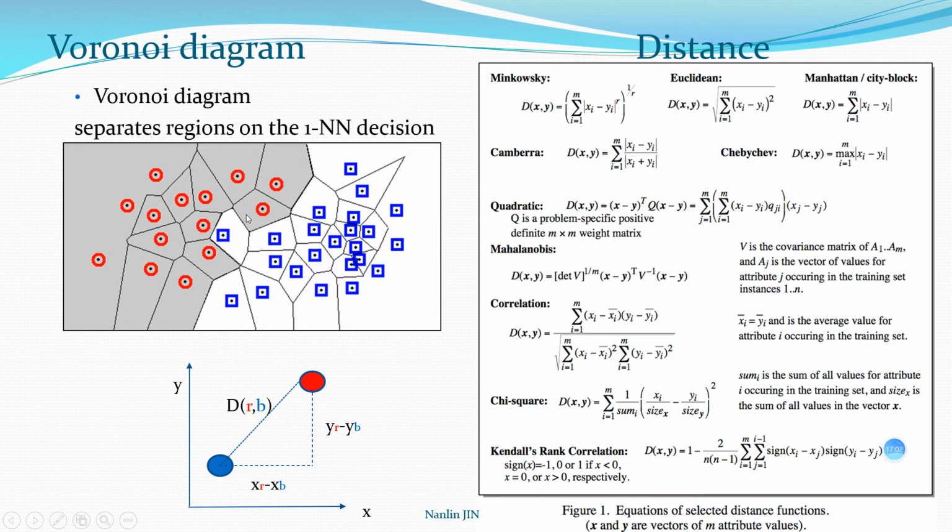So you may ask, how did we make this separation of different objects? Basically we draw a distance. If we look at this one and this one, we draw the distance between them, and these are evenly separated between them.